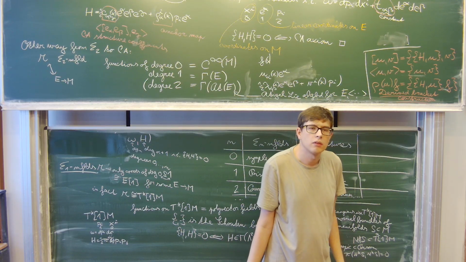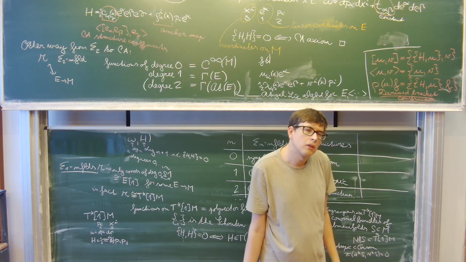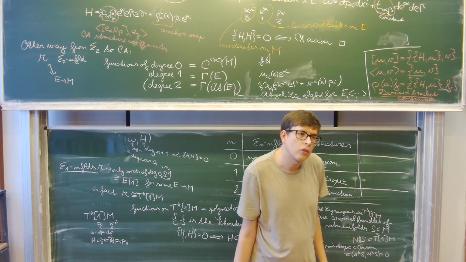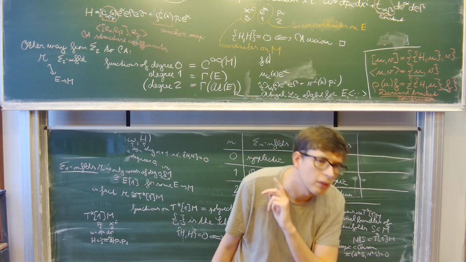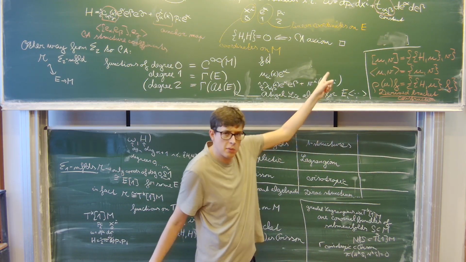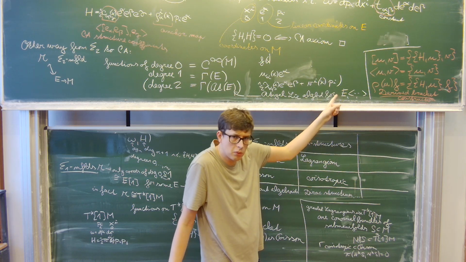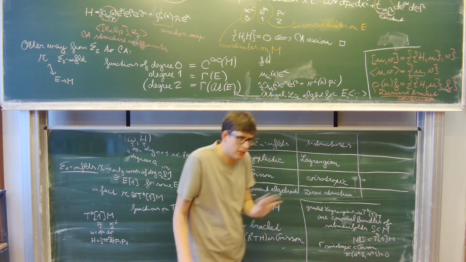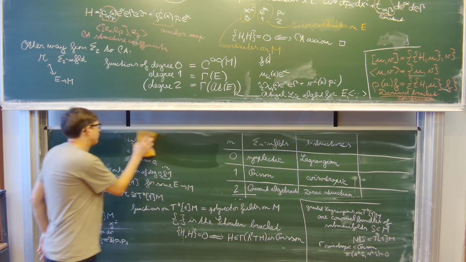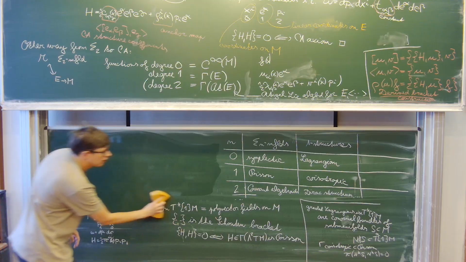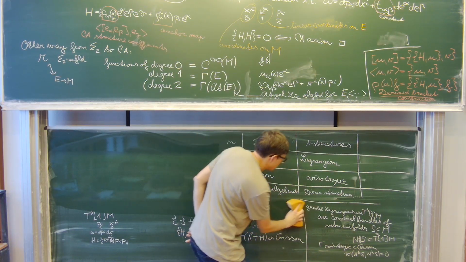So does it give you some information about the corresponding Courant algebras and their properties? Well, this is the matrix of the inner product. So the signature of that is the signature of the Courant algebra. Yeah, it's just that. Nothing fancy.